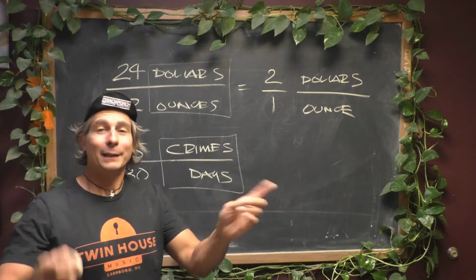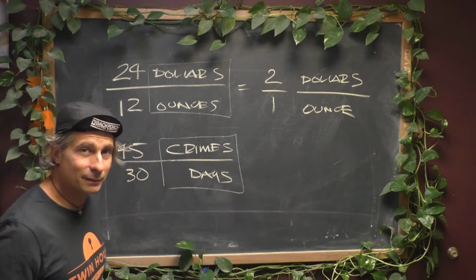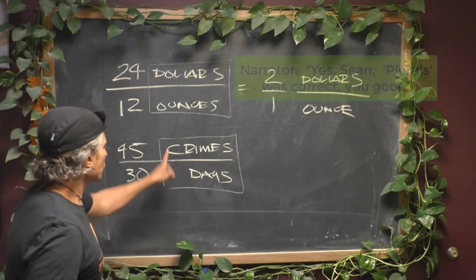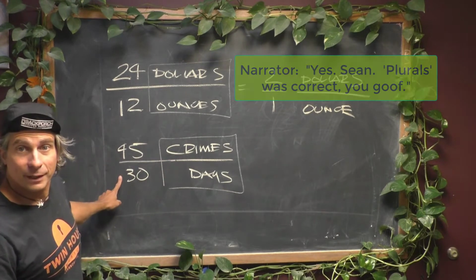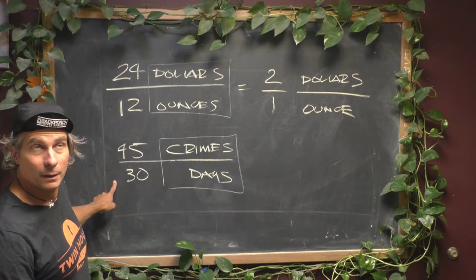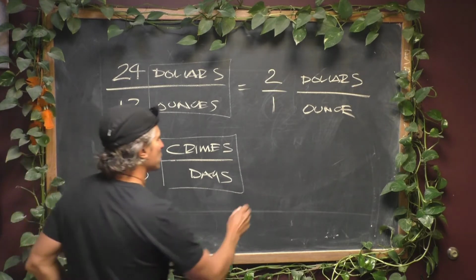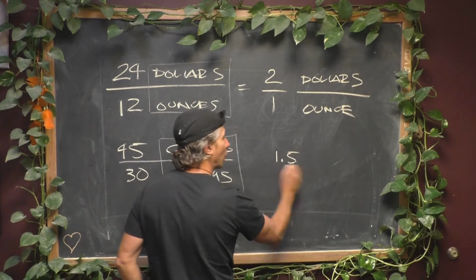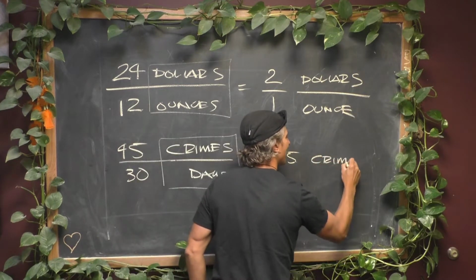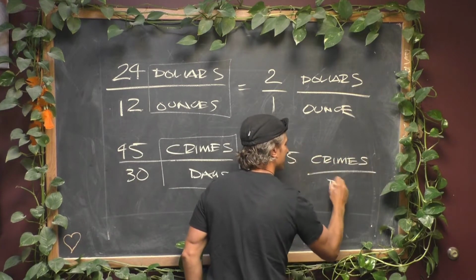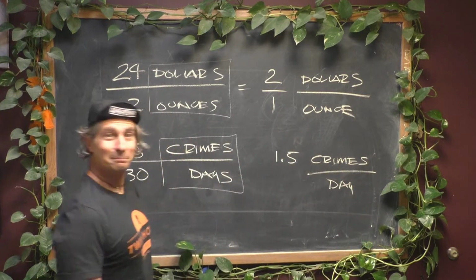Don't worry about plurals and things like that. Crimes per day. All you got to do is divide the 45 by the 30. 45 divided by 30? That's 1.5, isn't it? That is 1.5 per 1 if you want to, but 1.5 crimes per day. There you go.